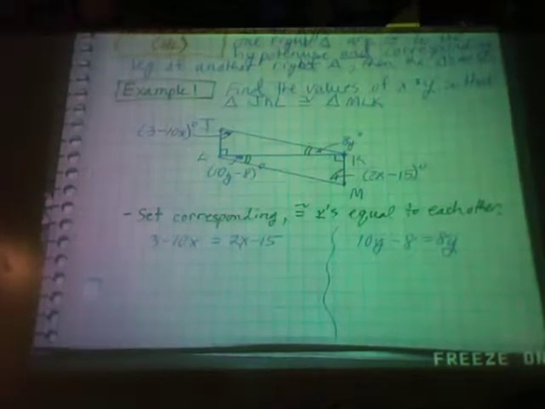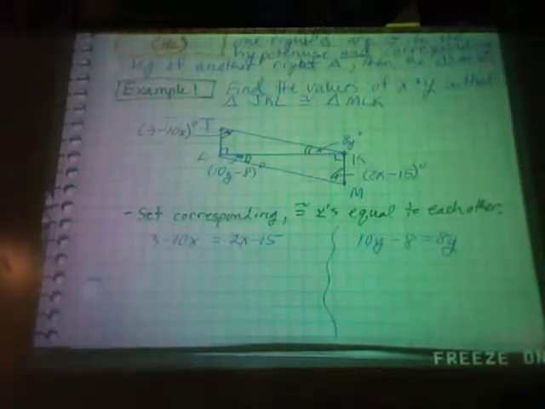What kind of answers do I want? I don't want decimals, I want fractions. That's a little bit of a hint. Fully reduced.